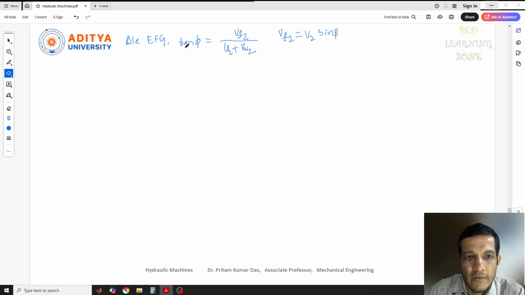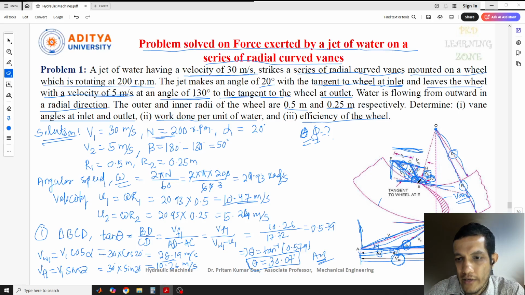No, tan phi equal to, actually the term, I told wrongly. This tan phi equal to, I need to consider this one VF2, that means the base which is there. If we consider this one, then VF2, with respect to this one, means perpendicular by the base.